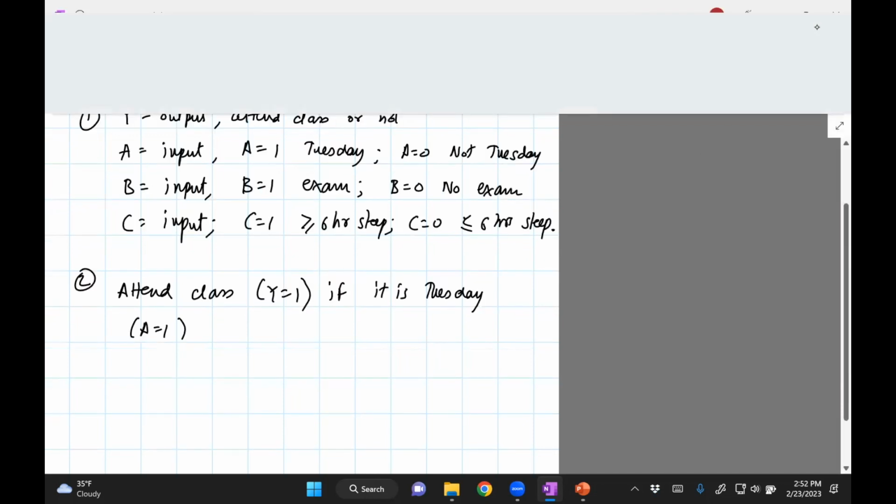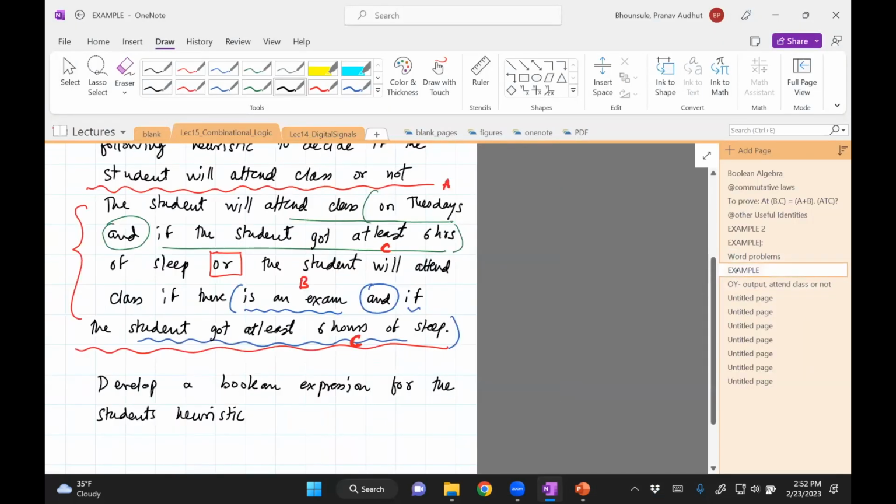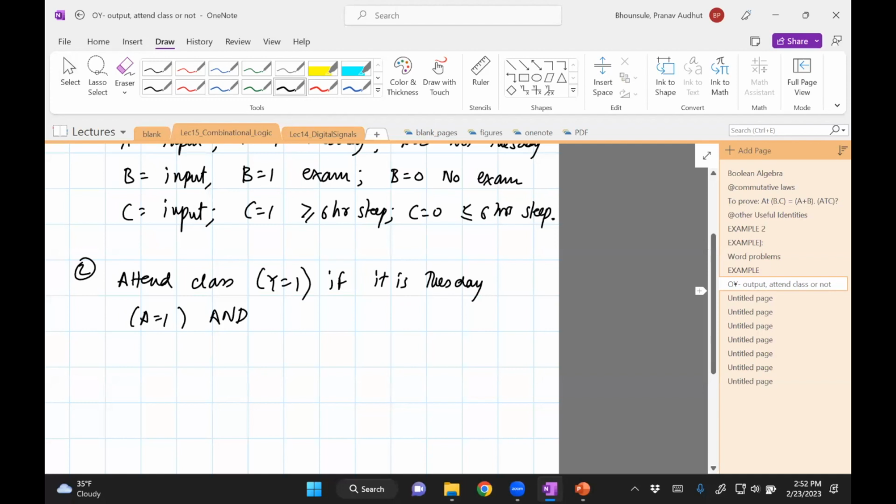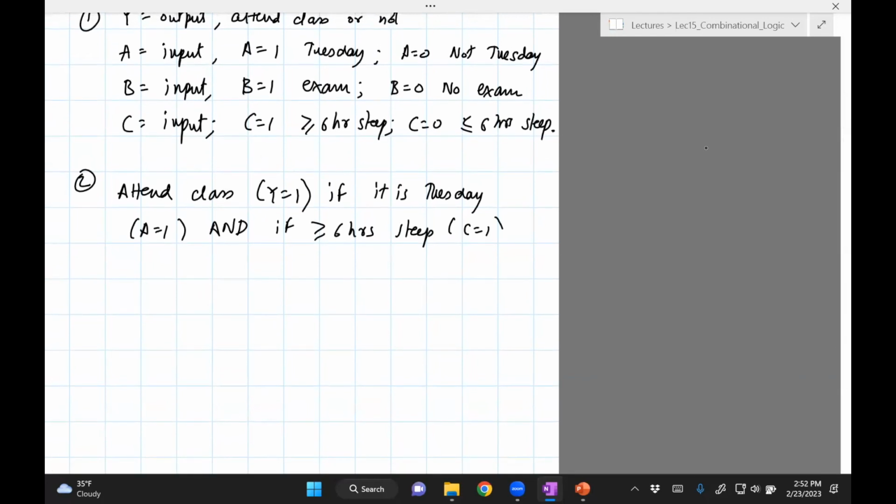And then remember there was an and, so we need to write and if greater than 6 hours. So that would be C. So C equals 1. And then remember that this was tied up with or if there is an exam, which is basically B equals 1. And then and if greater than 6 hours.